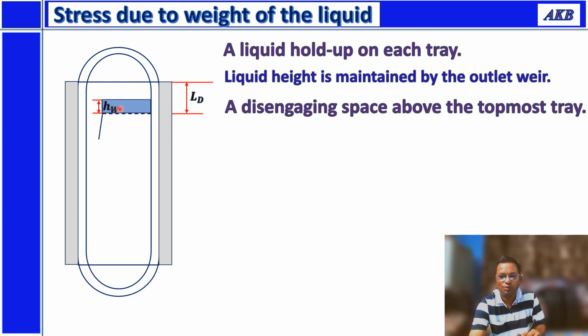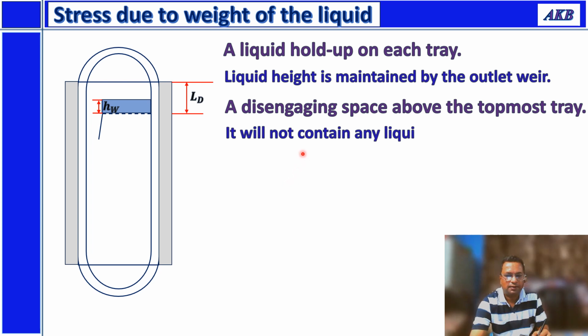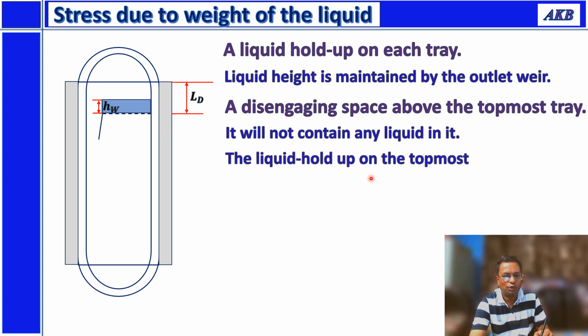Due to HW, we are going to have a liquid hold up on the tray up to a height of HW. So the disengaging space will not contain any liquid in it. As far as liquid on the tray is concerned, the liquid hold up on the topmost tray, that is this liquid.